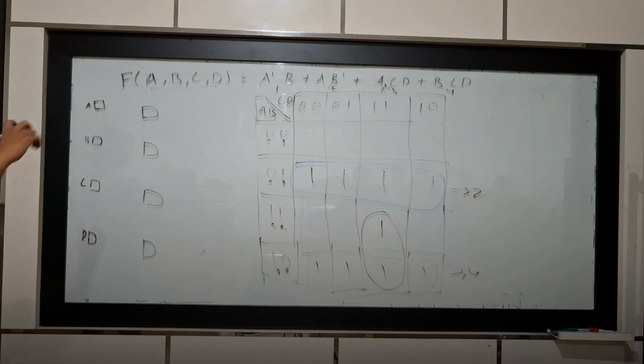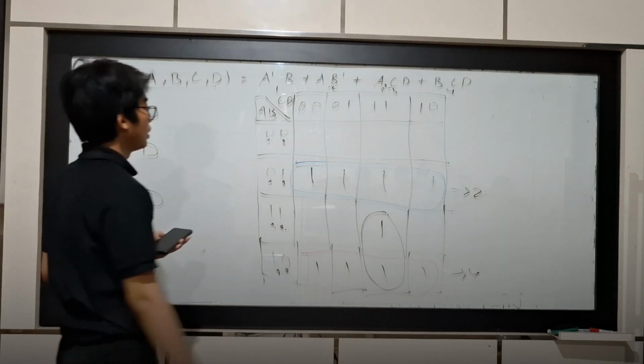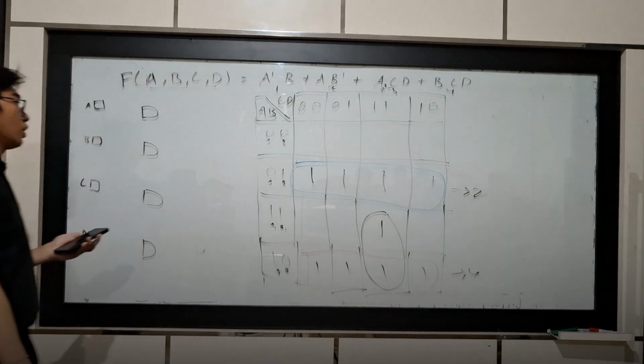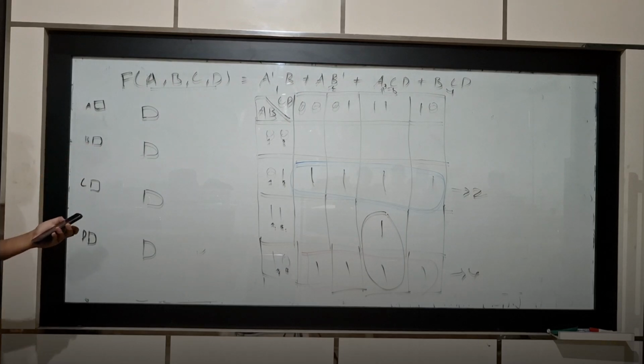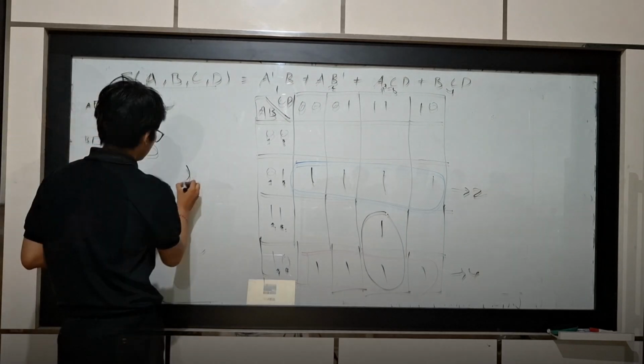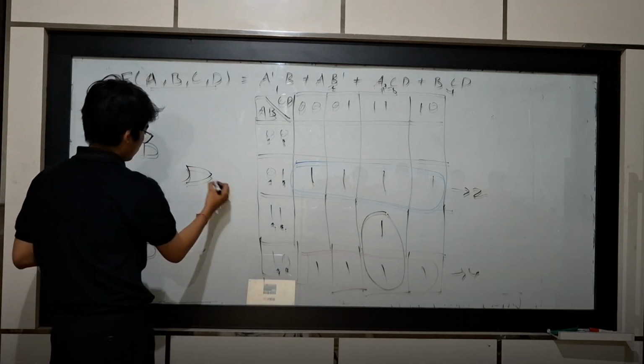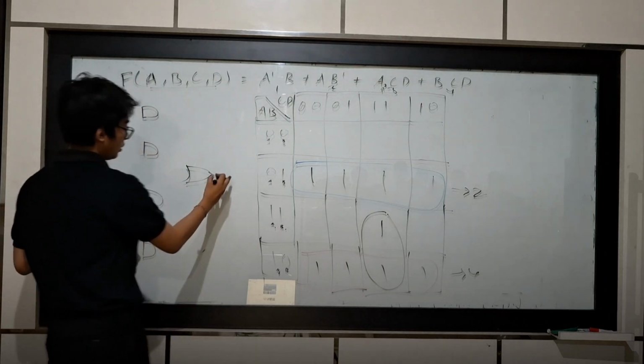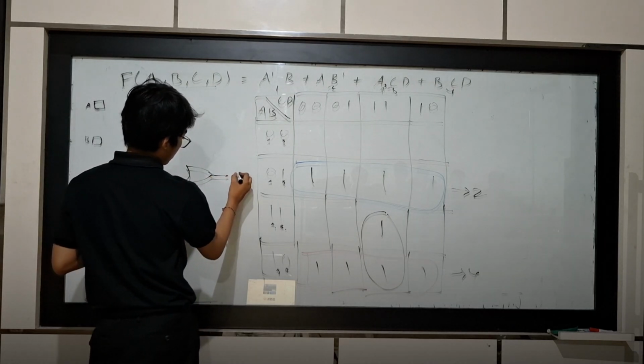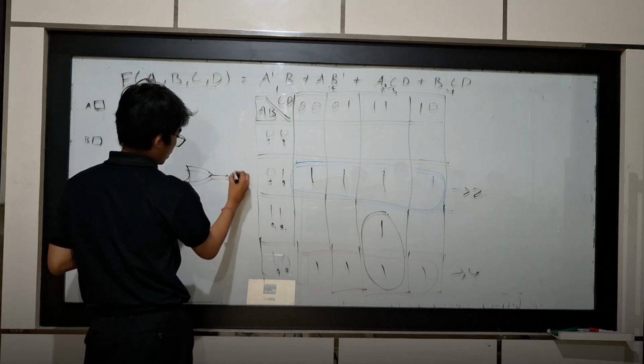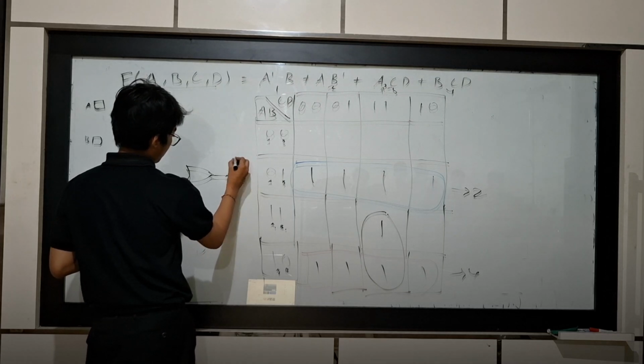And all of these AND gates are connected by one OR gate, and the OR gate is connected to the output, F.